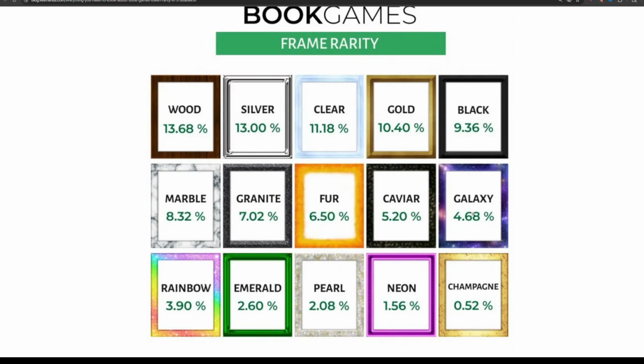Do the math. By the time you get to Galaxy, it's almost 90% of the total token frames. And then you can haggle on these for value in terms of marble, granite, fur. Everything up to fur is mid tier.